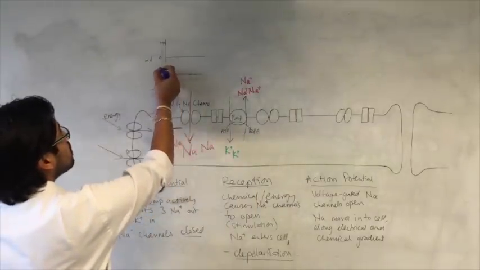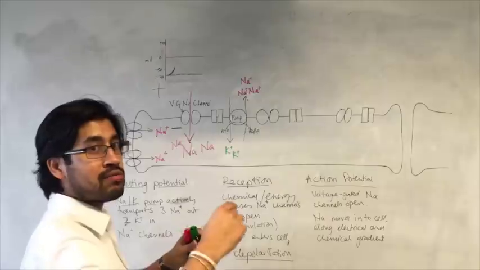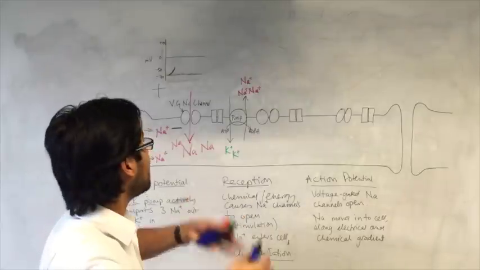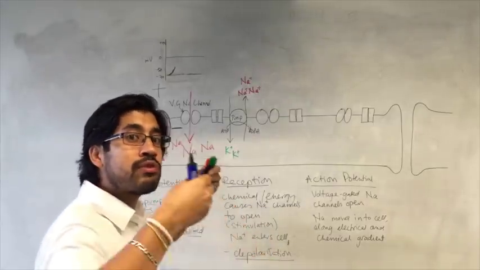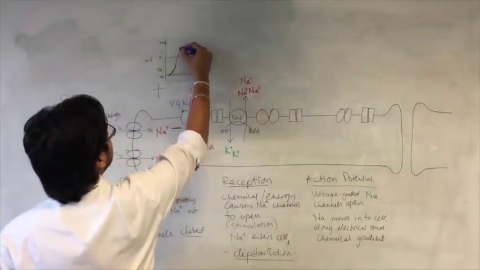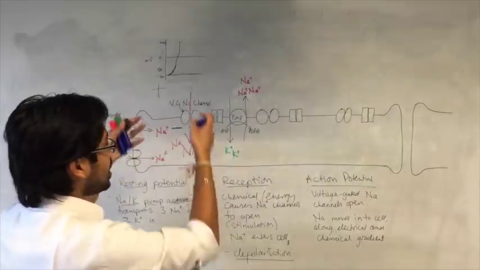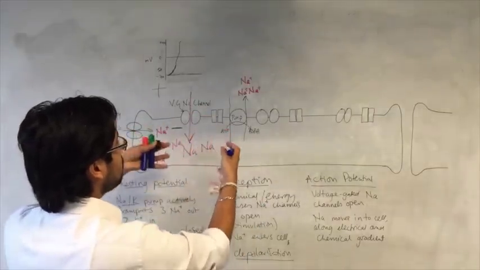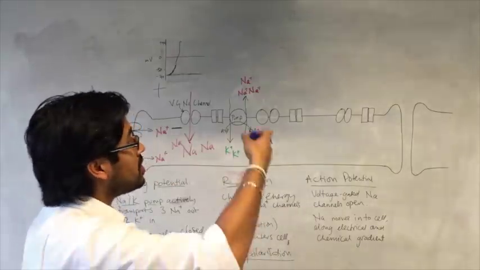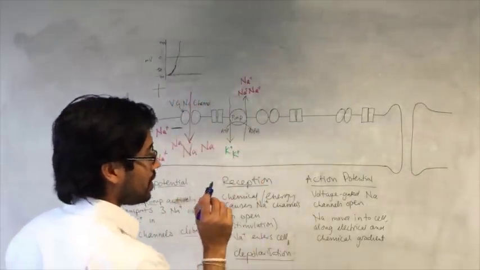But if that depolarization reaches minus 50 millivolts, you'll have enough voltage-gated sodium channels open to cause a massive influx of sodium ions. The inside becomes massively positive, and the outside becomes negative. So you've got a depolarization to the extent that we have an actual action potential.